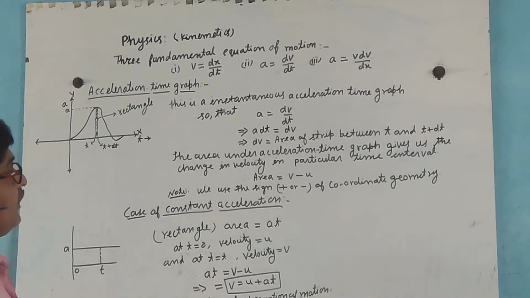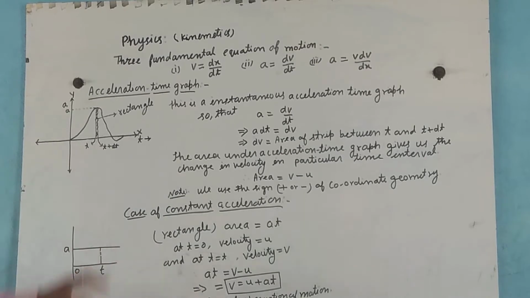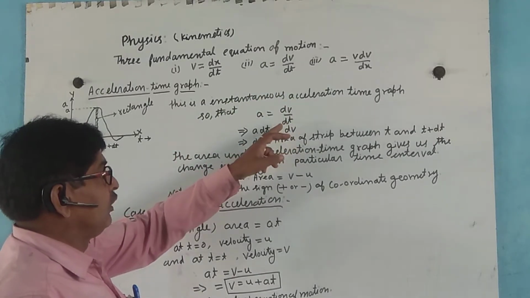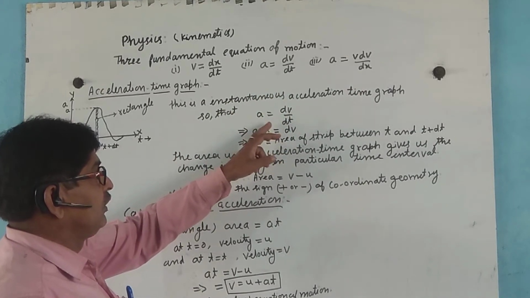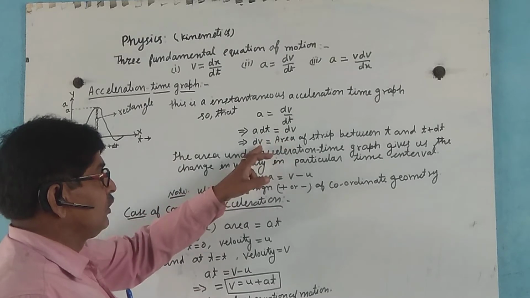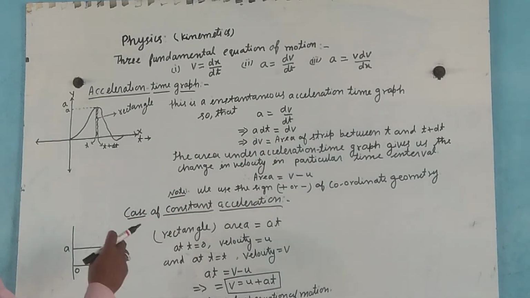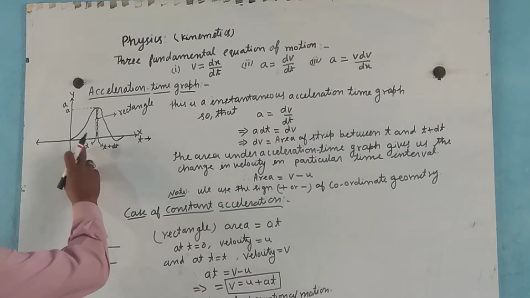Now this is an instantaneous acceleration time graph, so a can be written as dv by dt, and here a dt equal to dv, so dv is equal to the area of the strip between t and t plus delta t.